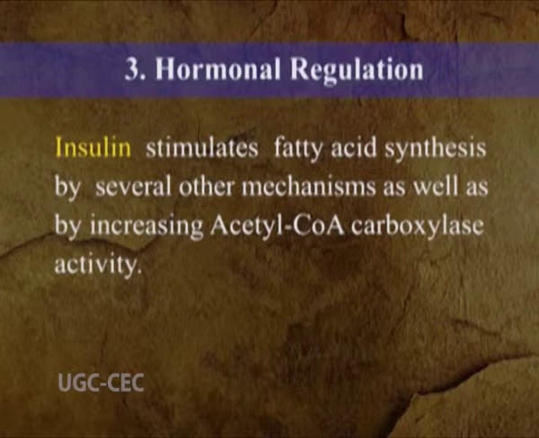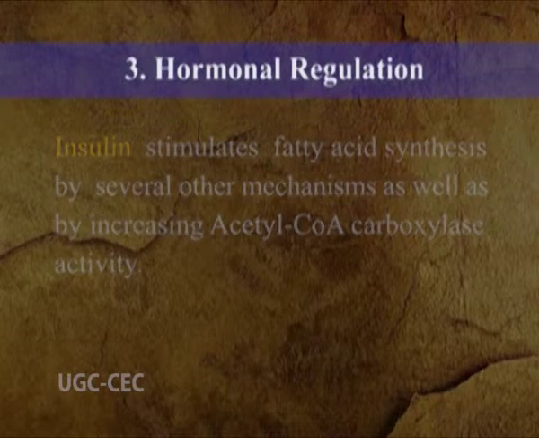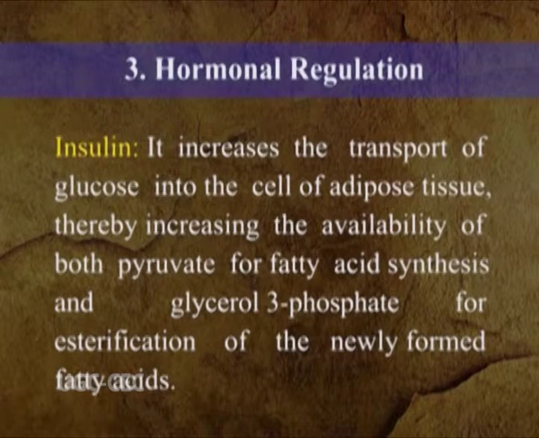Insulin stimulates fatty acid synthesis by several mechanisms as well as by increasing acetyl-CoA carboxylase activity. It increases the transport of glucose into the cells of adipose tissue, thereby increasing the availability of both pyruvate for fatty acid synthesis and glycerol 3-phosphate for esterification of the newly formed fatty acids.